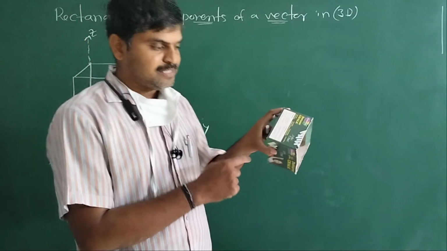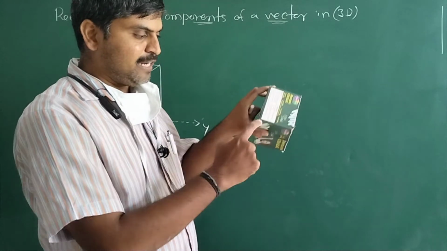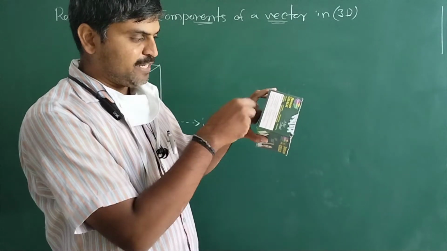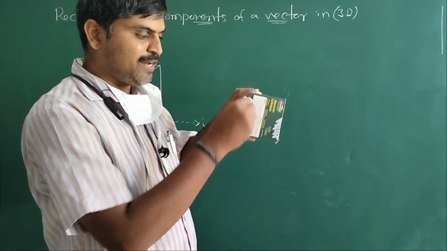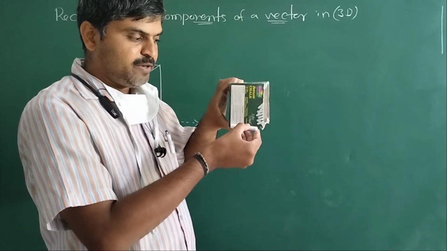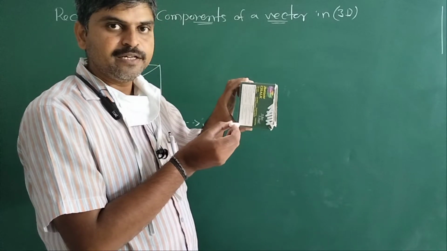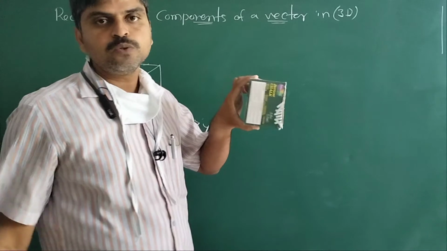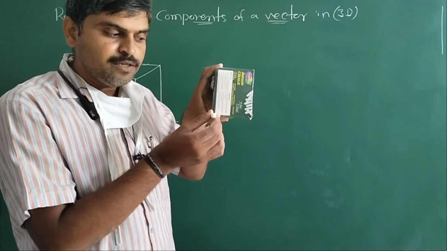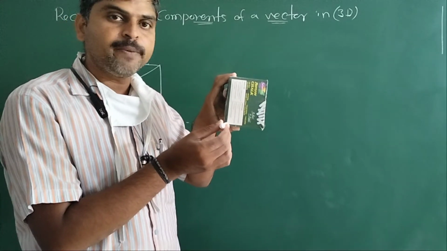If you take it like this, x, y, and z. For suppose z, you take this direction. This is x, this is y, this is z. Angle between x and z is 90, angle between y and z is 90, angle between x and y is also 90. So these three axes are mutually perpendicular to each other.